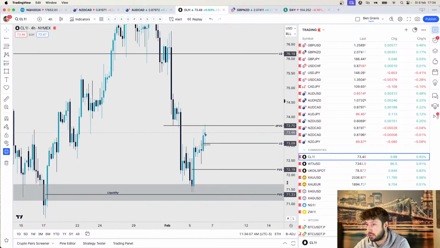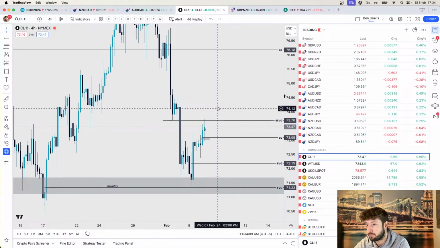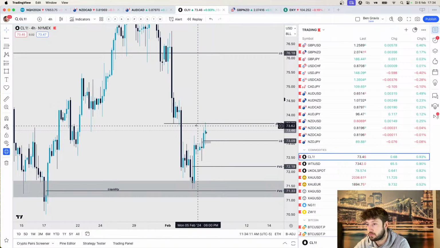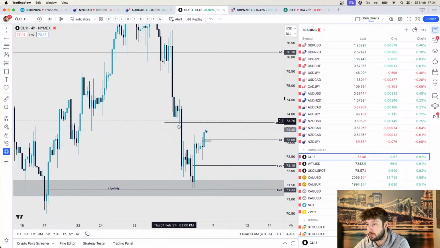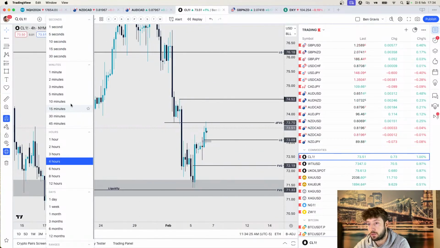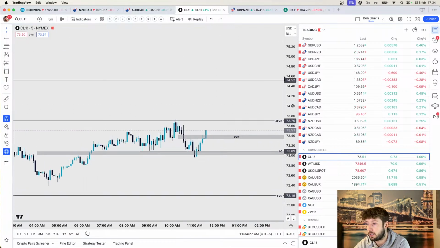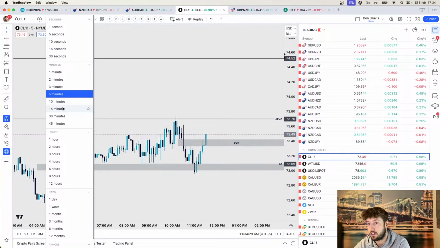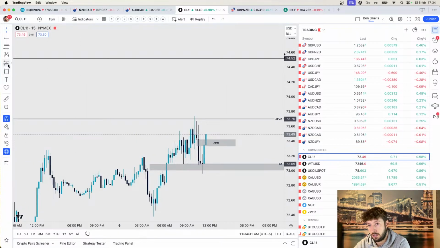This could be one, but it's not really worth it, I think. Unless we close today beyond this daily fair value gap, then we're looking at this level. So it is possible, but currently you are at a resistance level. So it's not really the best RR to long this.